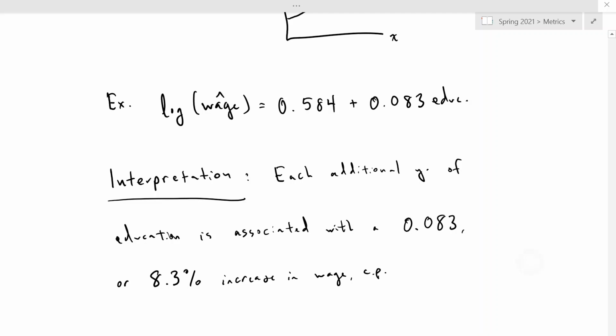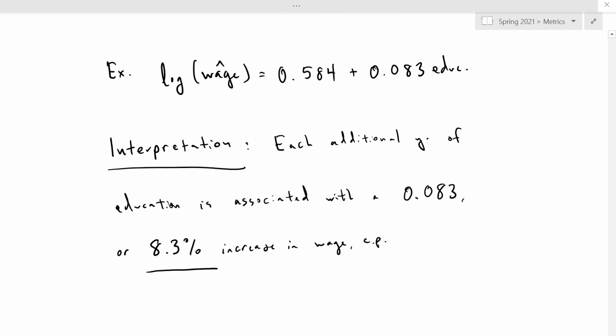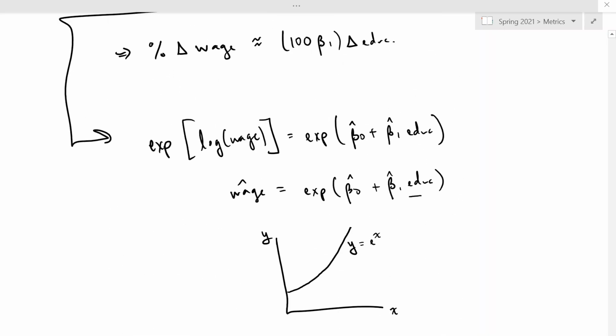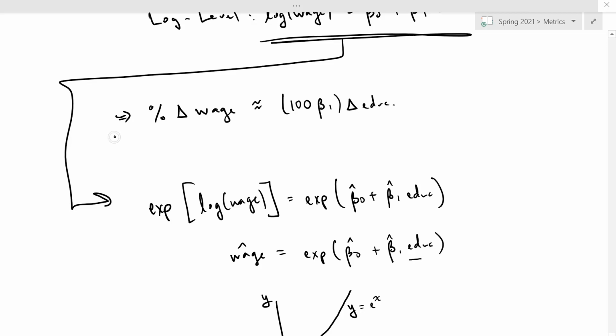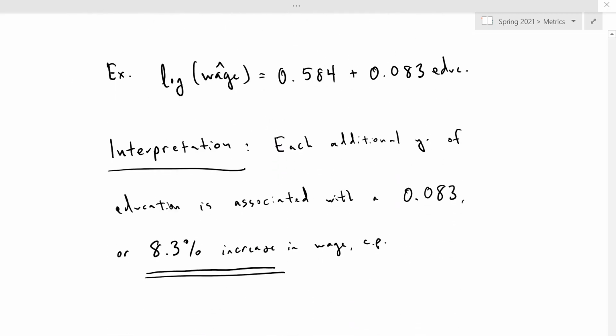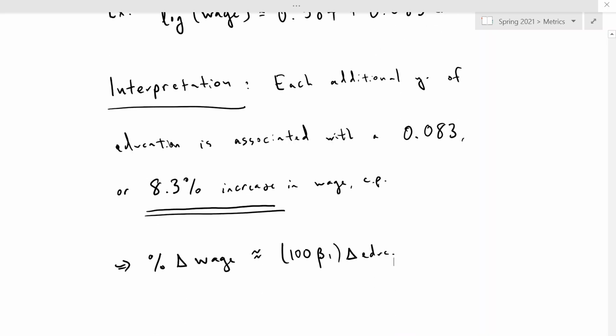So the log level interpretation allows us to interpret the beta 1 coefficient as a percentage increase. It allows us to interpret the beta 1 as a percentage increase of x associated with y.